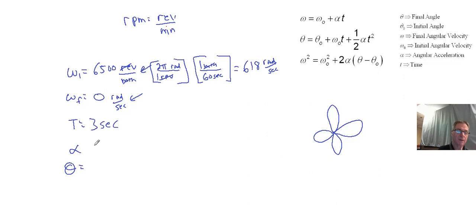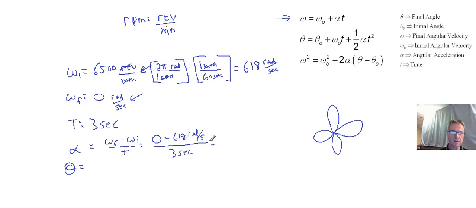All right, so I want to know alpha. To get alpha, I can use this equation right here and just rearrange it so that it is equal to omega final minus omega initial divided by time. Omega final is 0 minus omega initial, 618 radians per second, divided by the time, which was 3 seconds.